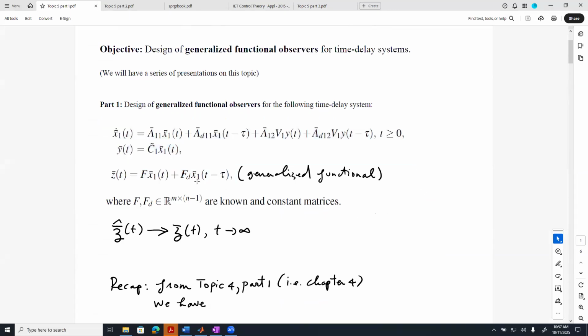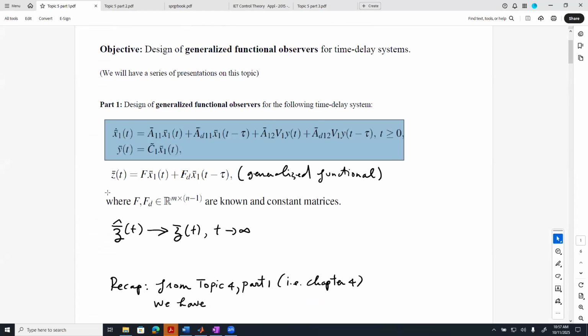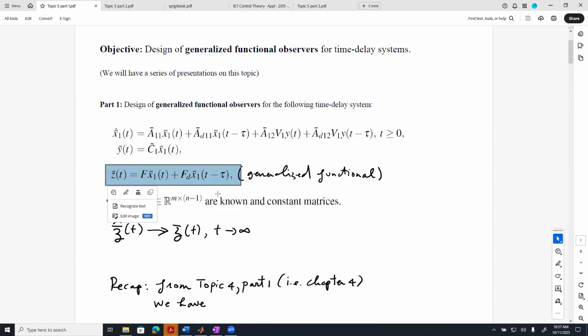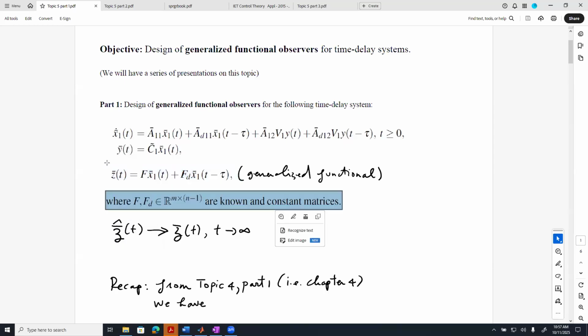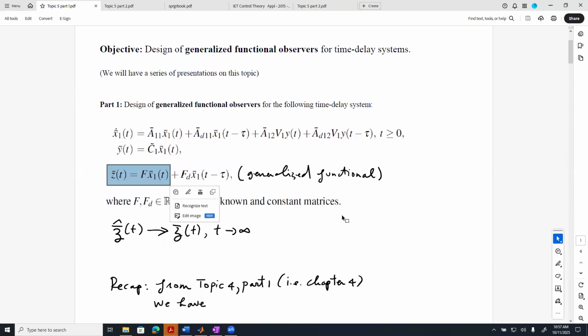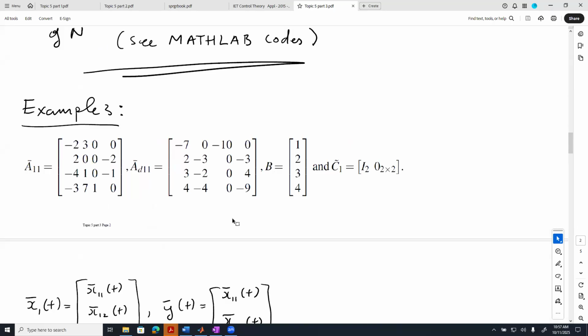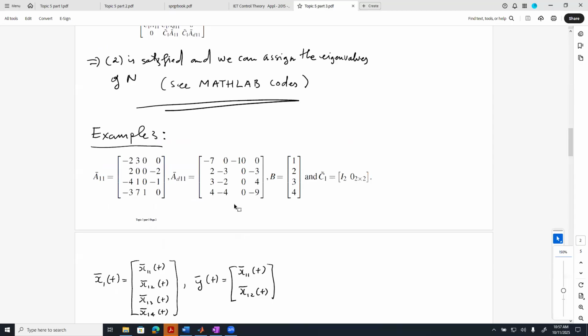Now we know that in the past, people looked at this class of time delay system and normally estimated a function of it, not the generalized function. So we want to demonstrate the generality and the significance of this new generalized functional observer.